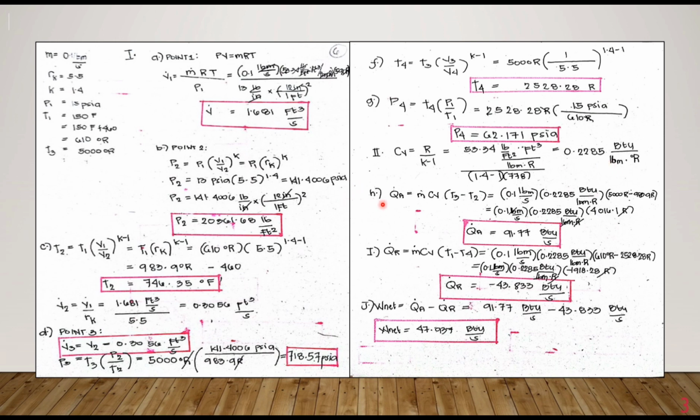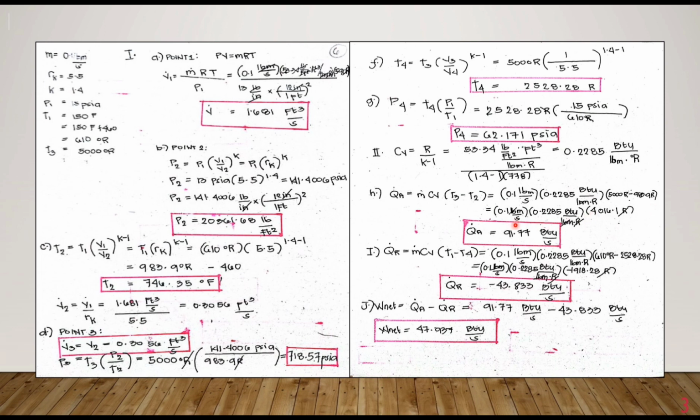So for our H, we are going to find the QA. So we have this formula. QA is equal to mCv times T3 minus T1. And then after that, we're going to substitute the value. We have 0.1 lbm per second times 0.2285 BTU per lbm-Rankine times 5,000 Rankine minus 983.9 Rankine.